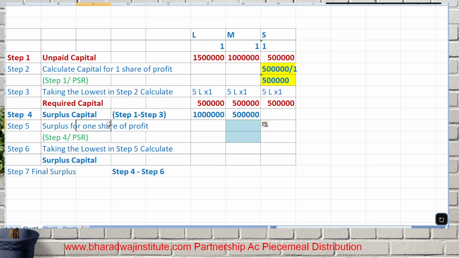Again, working out surplus for one share of profit, this one is the lowest: 5 lakh divided by 1.